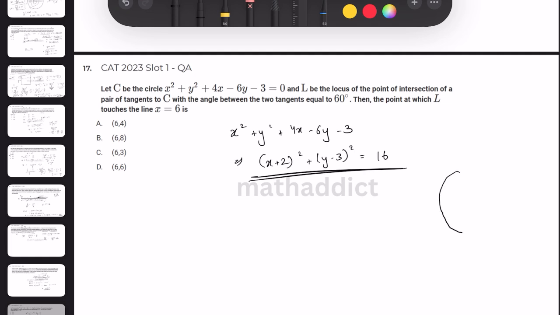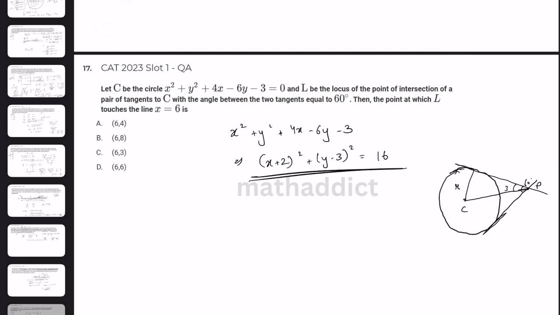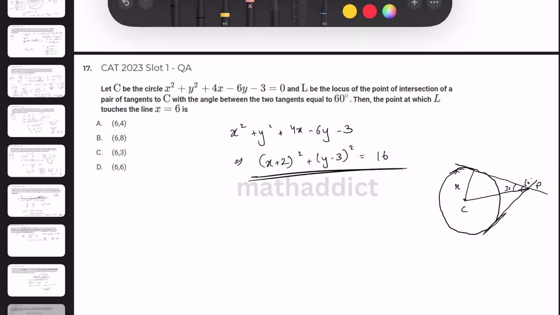So let's say if we have a circle of radius r and we have another point such that the angle between the tangents is 60 degree. So this is 60 degree, this is say r, then we join this point P with the center C. So we know by the properties of tangents that this angle is 30 degree, it's in fact the angle bisector.